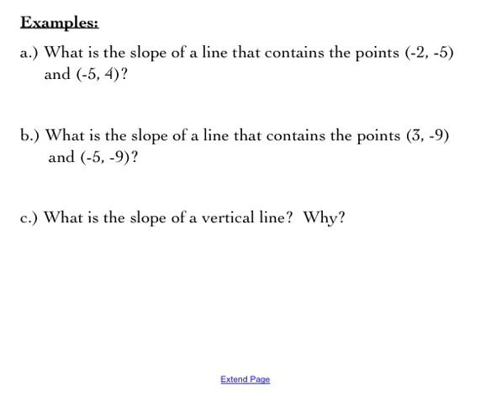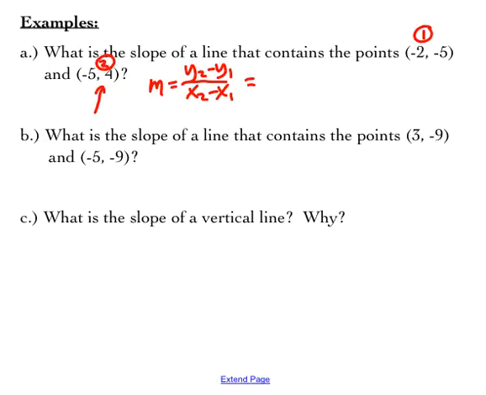It doesn't really matter how you do this, but to organize it, I like to call one of those points 1 and the other 2. If I think about this formula, it's the difference of the y values divided by the difference of the x values, and I just plug those in. If this is my second point, that's where my y2 and x2 come from.